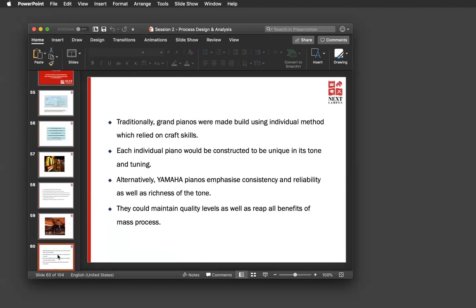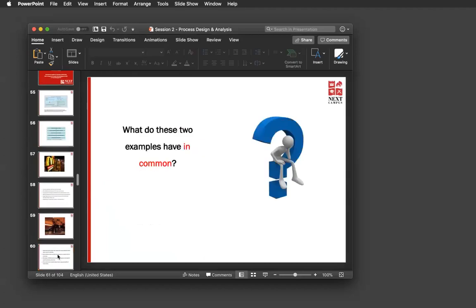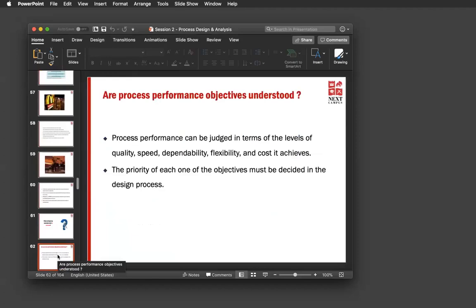Another classic example of process analysis. So these two have one example in common, that is, you analyze and then improve the processes, depending on whether you want to pursue quality, speed, dependability, flexibility, or cost.